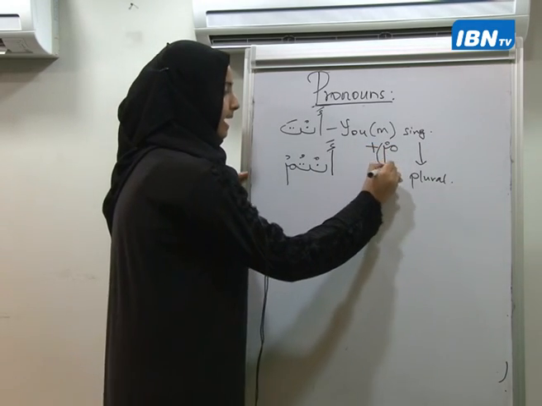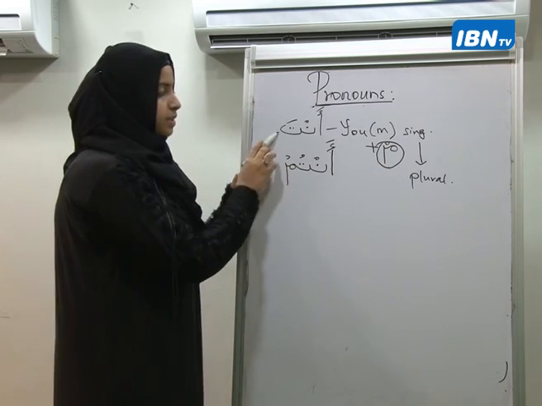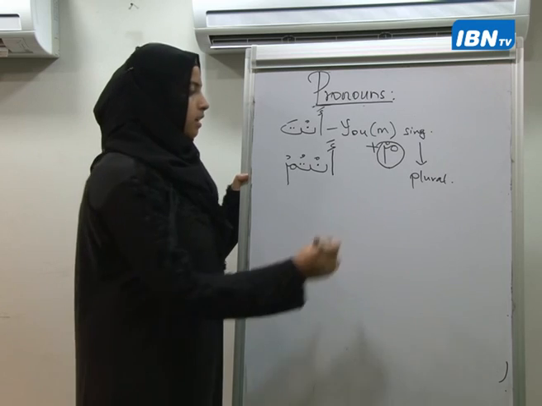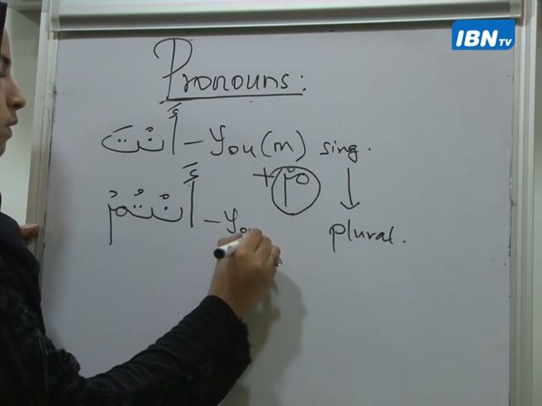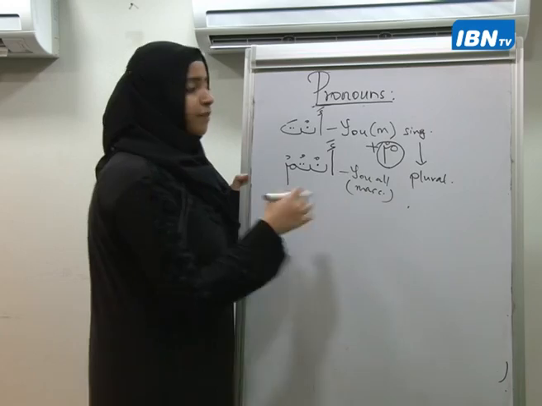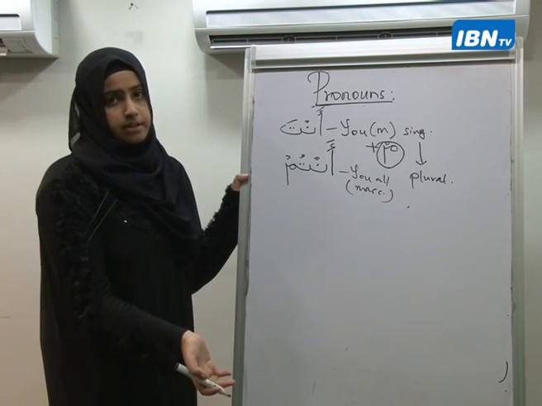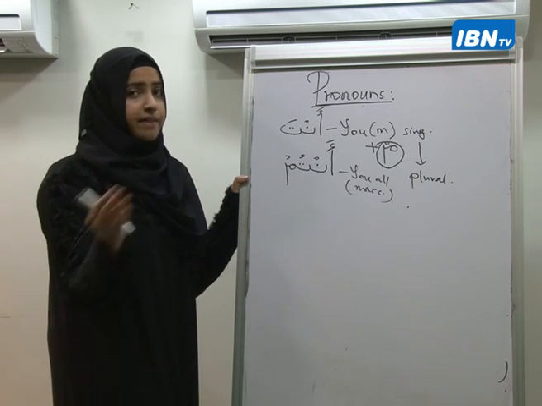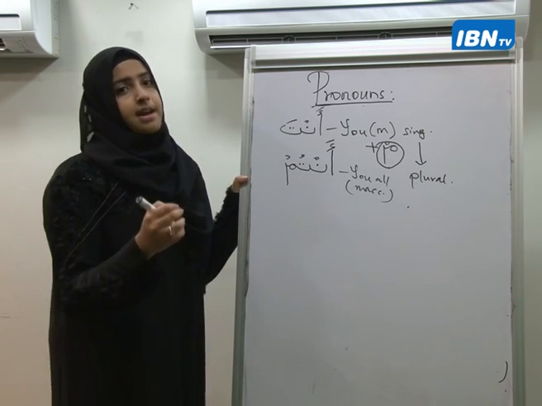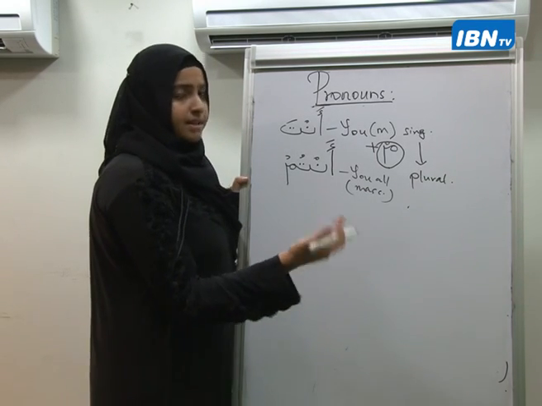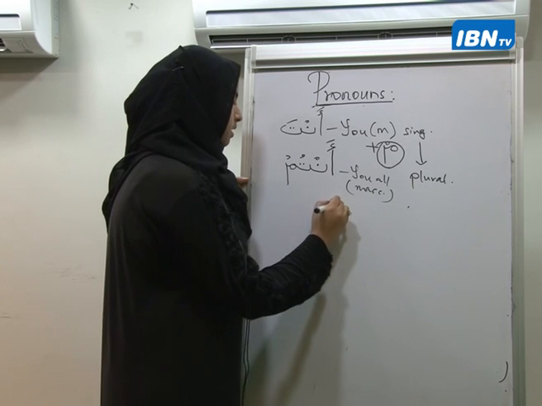I have simply added a mim sakin to this word to make it plural, to make it you all masculine. Okay, so this is you all masculine. Right, now for feminine, it's going to be different, because I said the only thing that is similar in both masculine and feminine is muthanna, is dual. So for the feminine, it will be different.